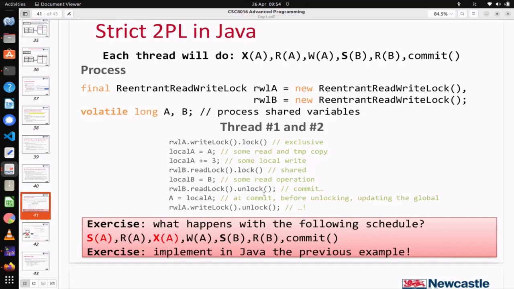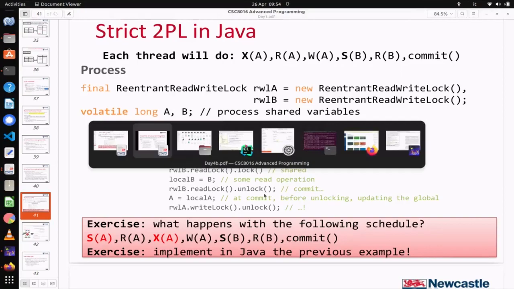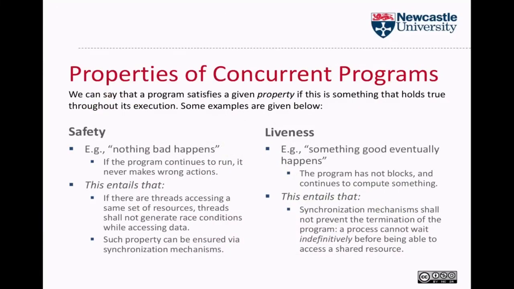That was an example. If I'm holding the lock until the end and I'm trying to acquire both a shared and an exclusive lock, even for the same thread, I'm going to have what we're going to see as a deadlock, because then the computation will not progress further. That is an example of an indefinite wait.